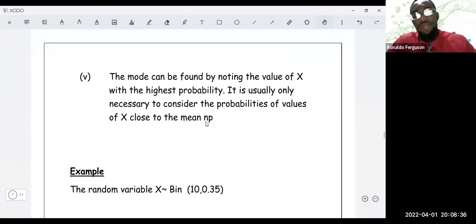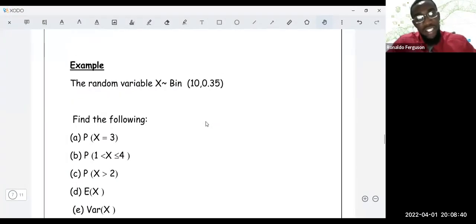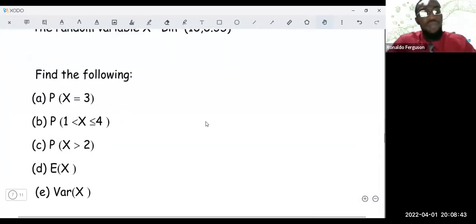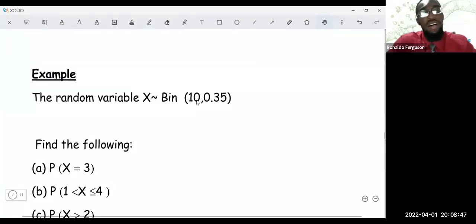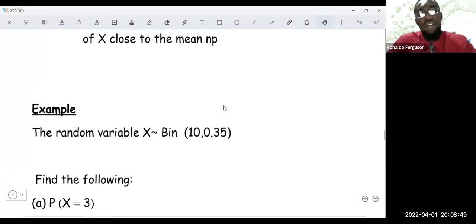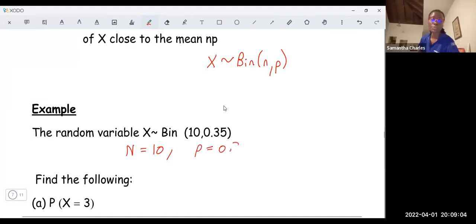All right? Okay. Nice. So we're going to do this question here together. It says X follows the binomial distribution of 10, 0.35. Remember the format is X follows the binomial distribution of n, p. So they're telling us n equals 10 and p equals 0.35.